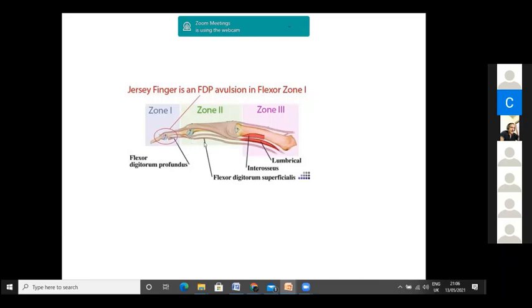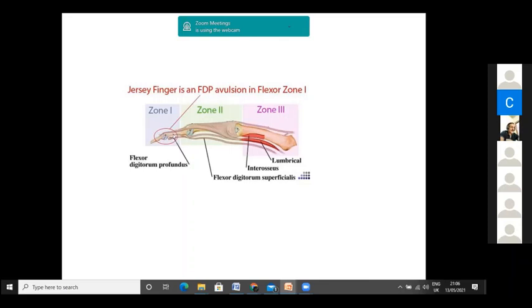Yes, zone 1 is distal to the insertion of FDS. So the entire area has only FDP insertion.